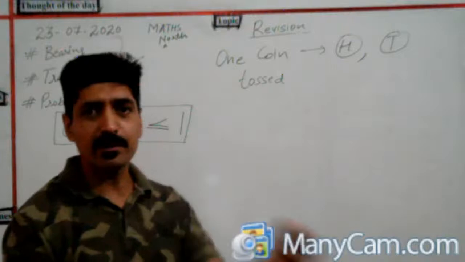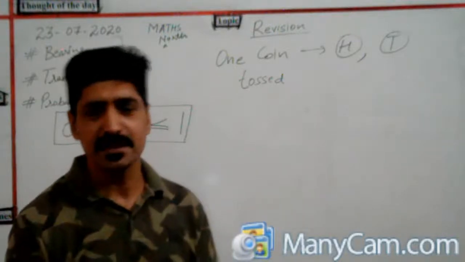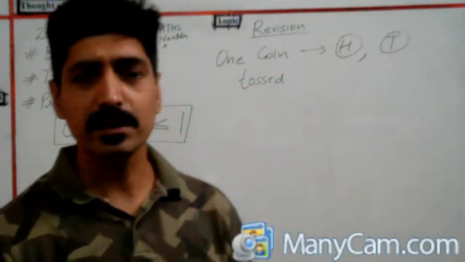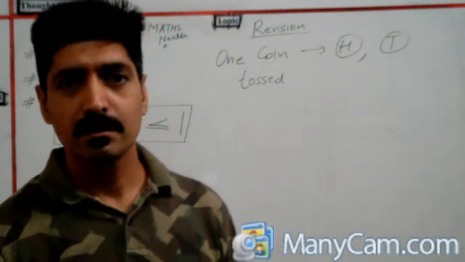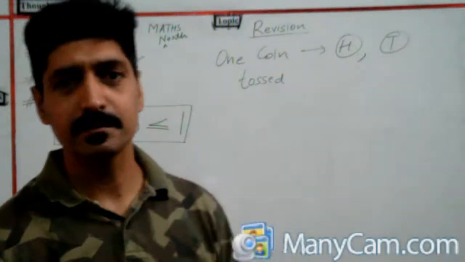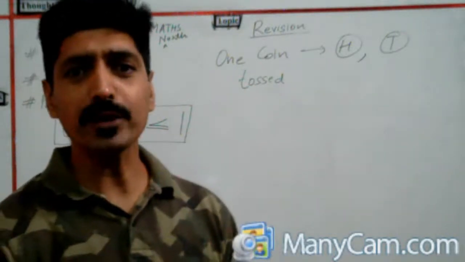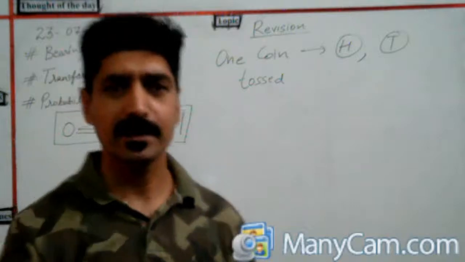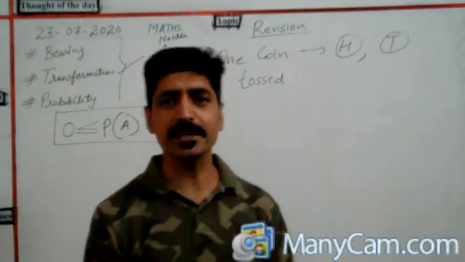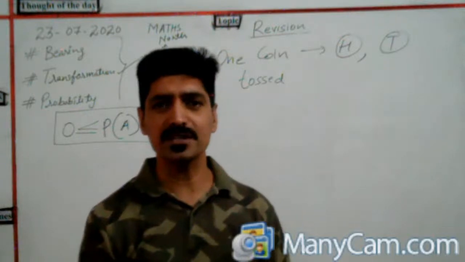Even if I am tossing a coin 5 times, it may be that head can come. Yes, it can come even 10 times. But even after 11, it is not sure whether the next time the head can come. So it is all about uncertainty, right? Probability is all about uncertainty.